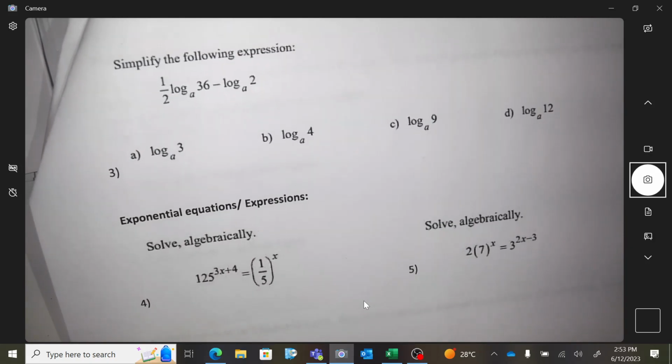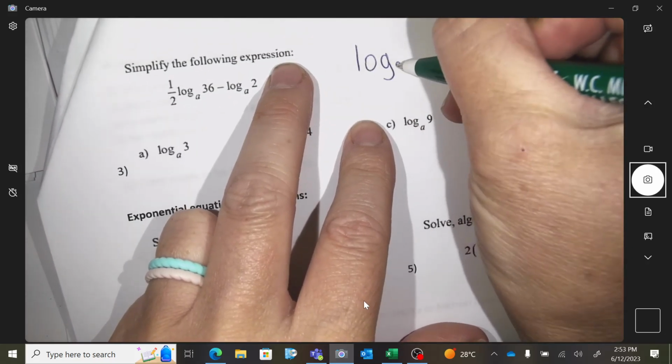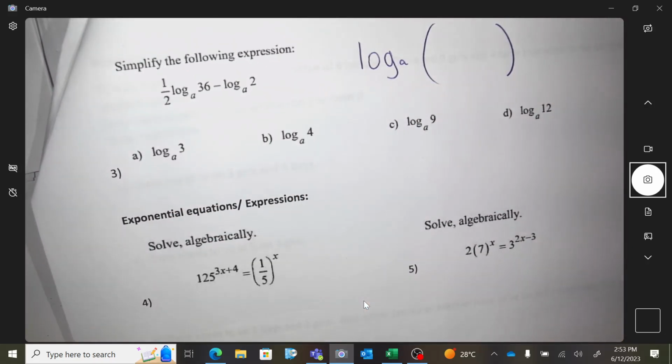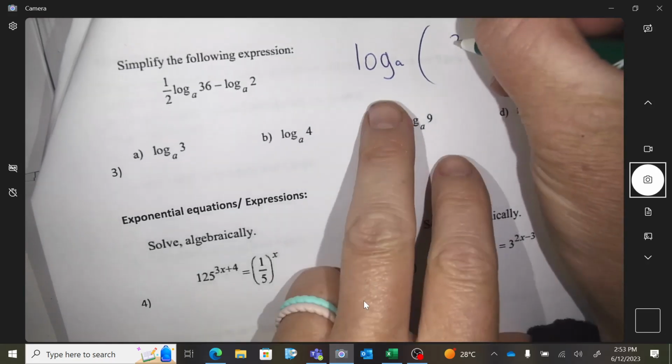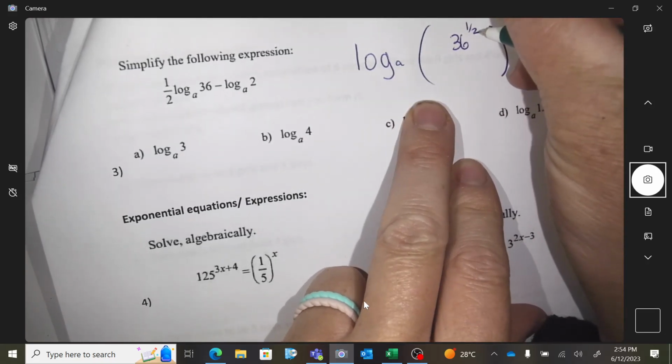Okay, this is a log, so we are going to glue it back together. See that? Log A, glue it. It got all separated with rules. I need you to glue it back together. So the 1/2 moves back on top.